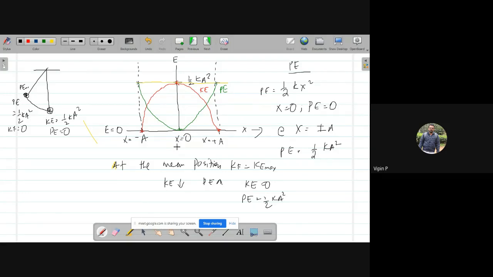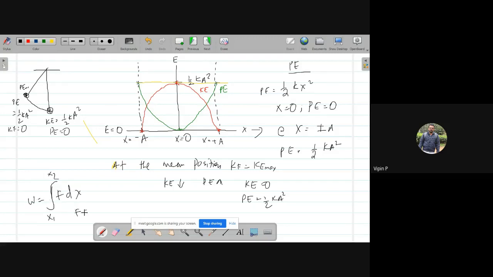And we can always show that by using this expression for potential energy, that energy is conserved, right? By doing this integration from x1 to x2 of F dx, this is the expression for the work done.